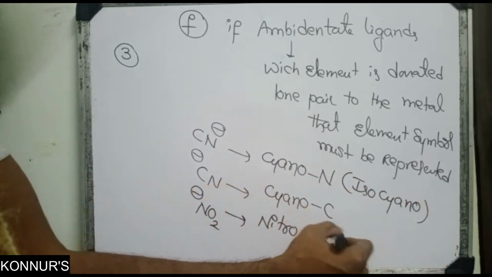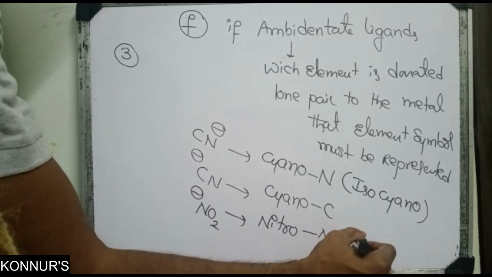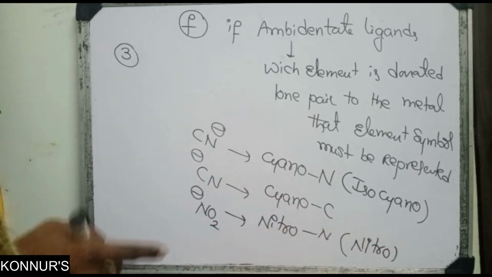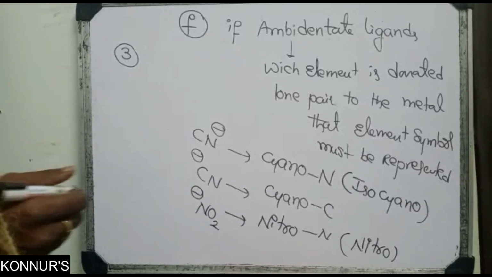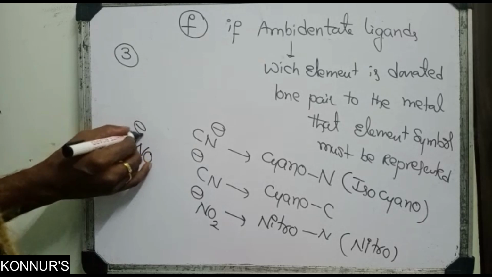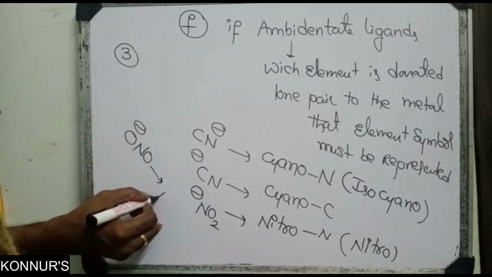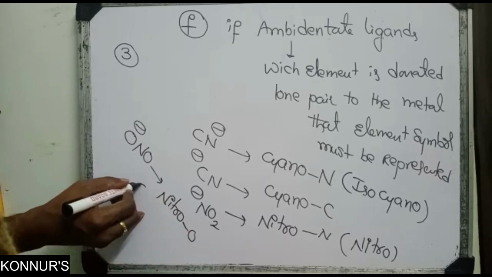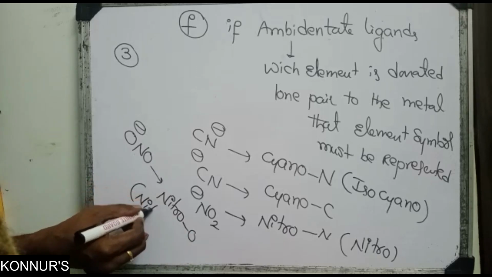Nitro means N is the donor. Suppose ONO minus: you can write nitro-O, otherwise nitrito.